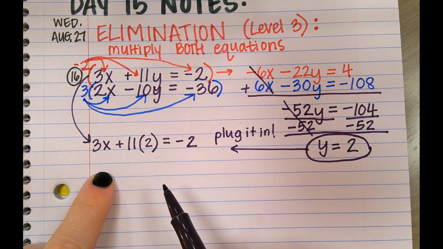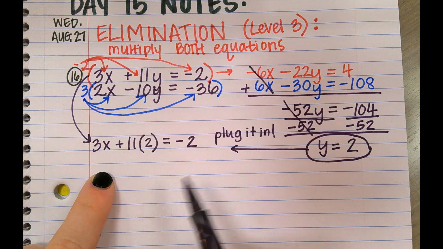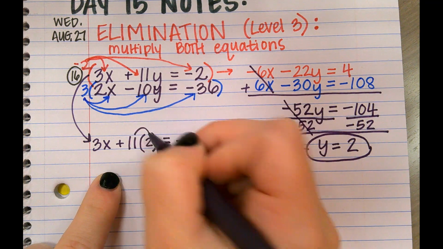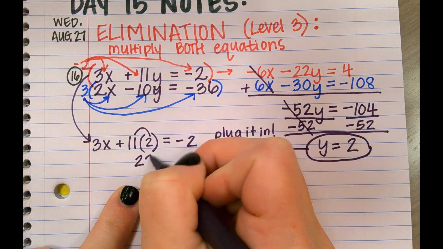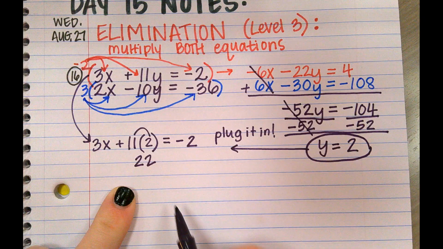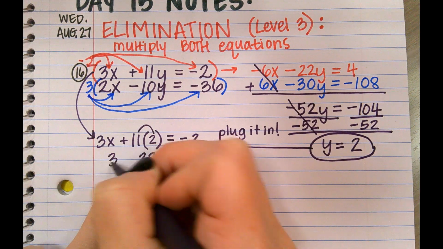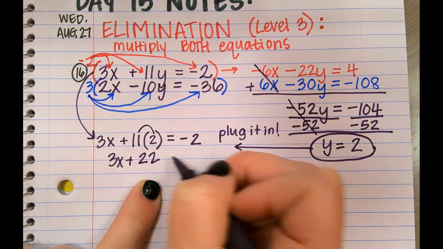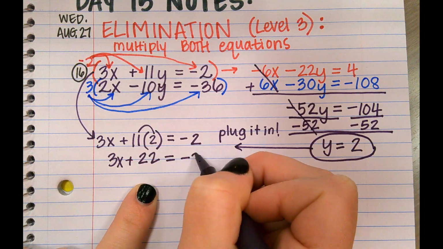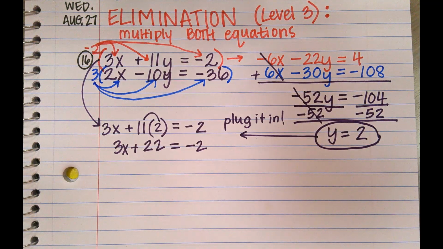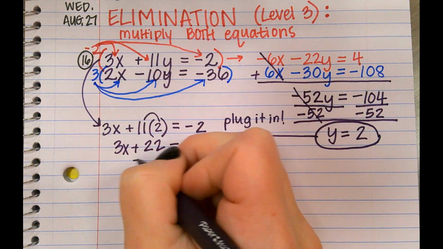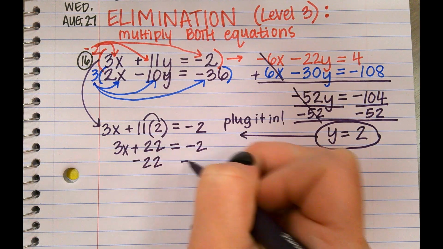You're going to multiply the 2 times 11. We'll get 22. Okay, so I'll bring everything down now. 3x plus 22 equals negative 2. Now what? Subtract 22 from both sides.